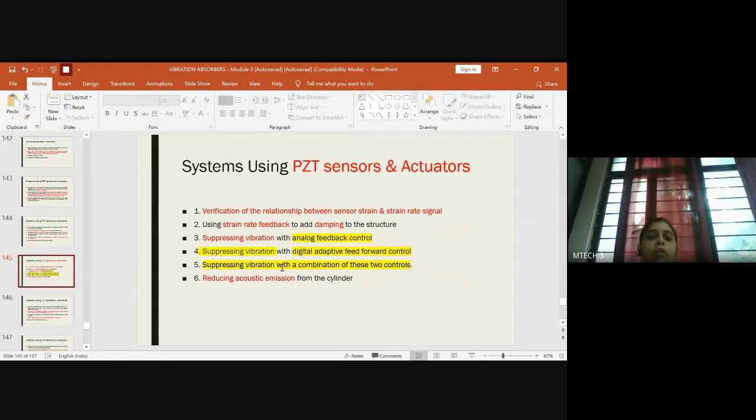So based on the volume, what are the acoustic emissions associated with it? So it could be maximum depending upon the large cross-section area or it could be a negligible amount. So he tried how to reduce these acoustic emissions which come out from the cylinder and he was successful in this.